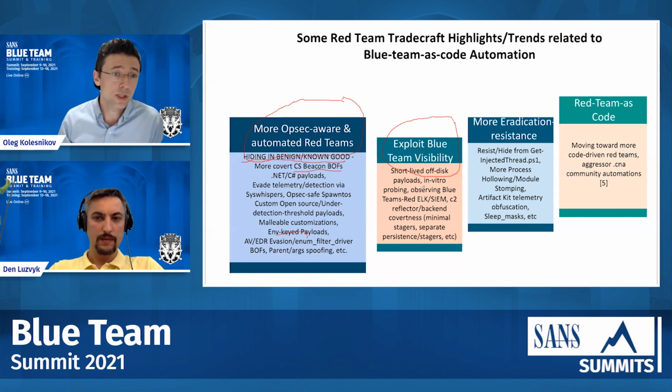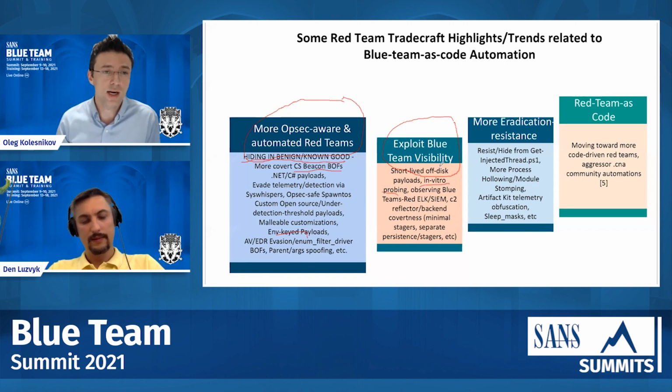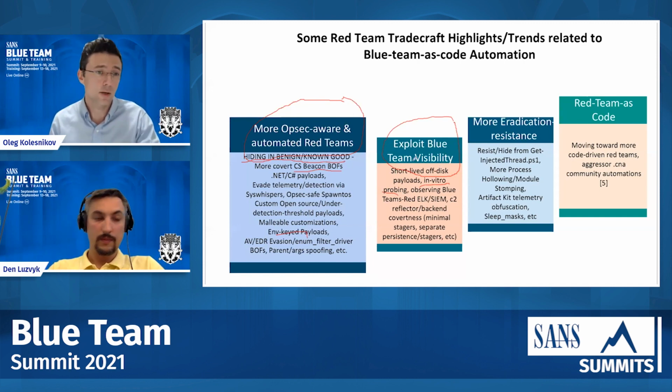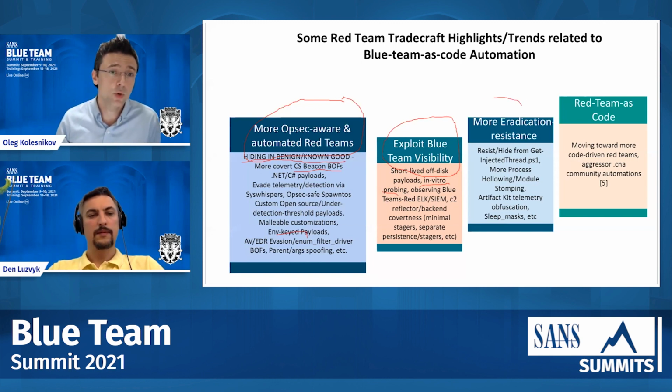So they would do what we call in vitro probing, where they develop payloads in their own environments, right, off of the target environment. And then when they run it, it's not detected by your tools because they already tested it, right? We also see much more eradication resistance, because we also want to talk about eradication.